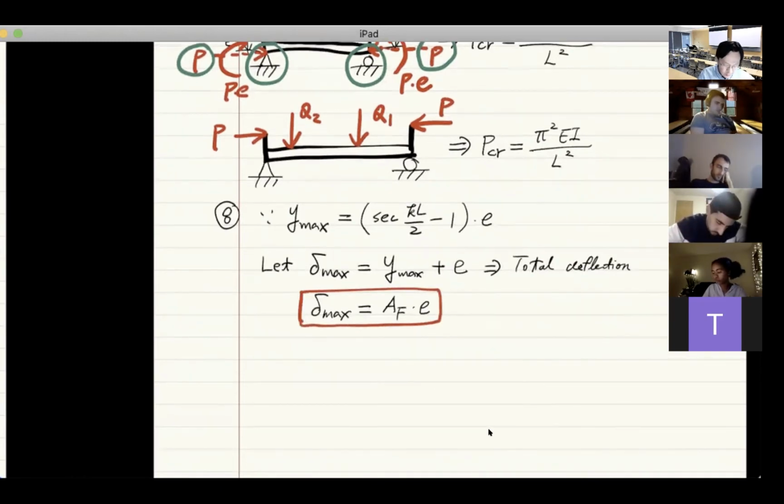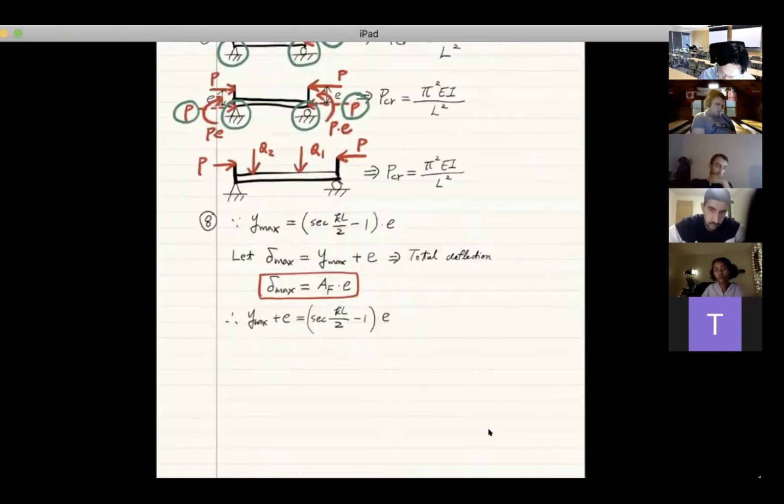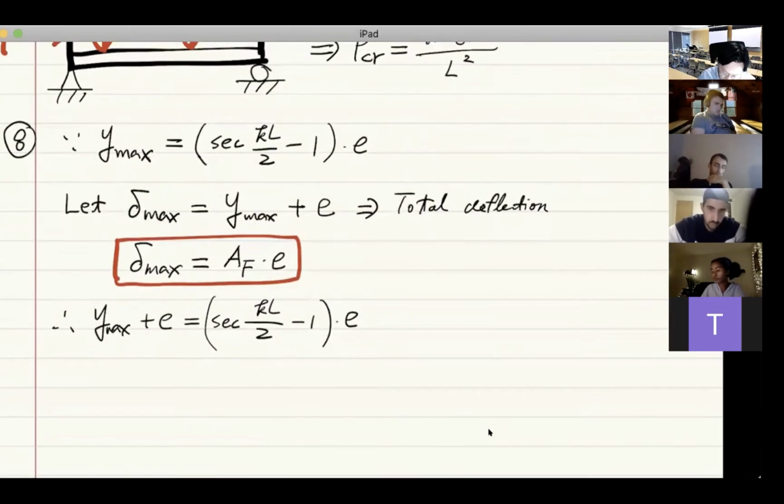Now, how do we figure out the expression of AF? We can find out the expression of AF simply by this. Y maximum plus E equals secant KL over 2 minus E times this plus E. And this has to be AF times E, right?